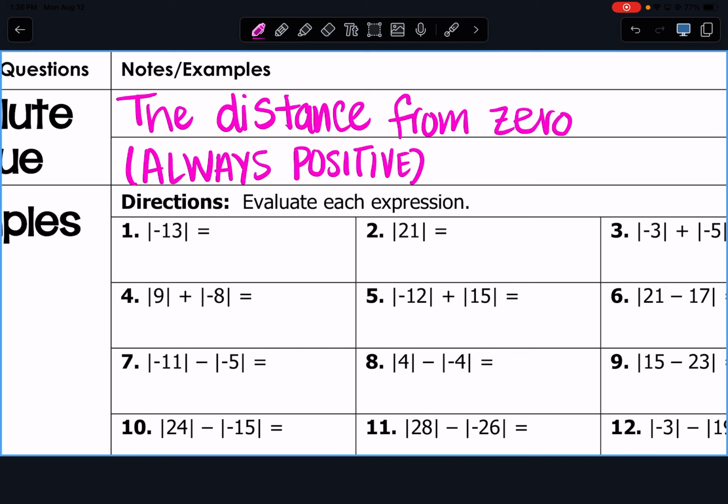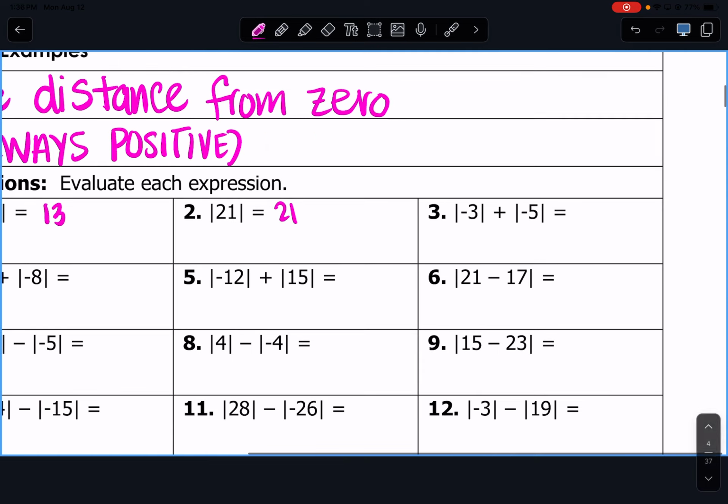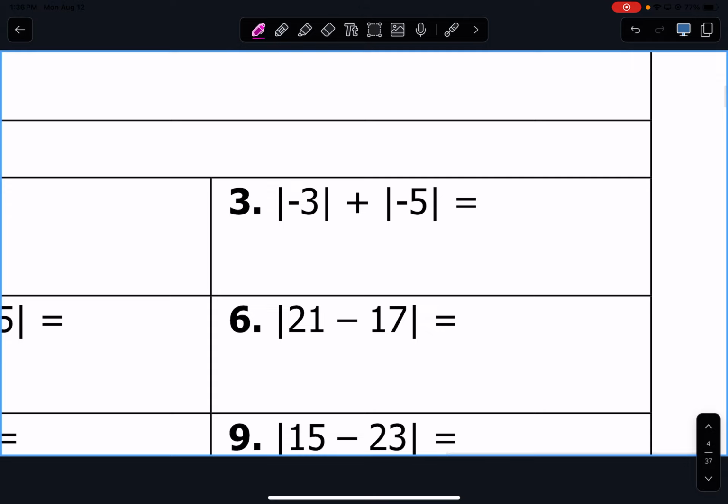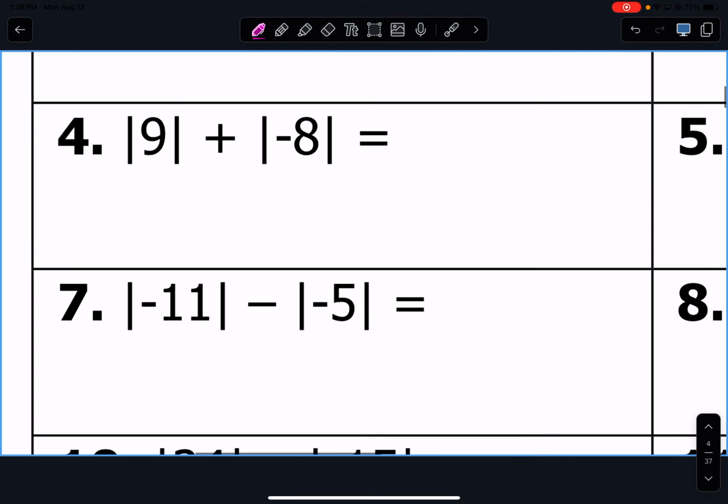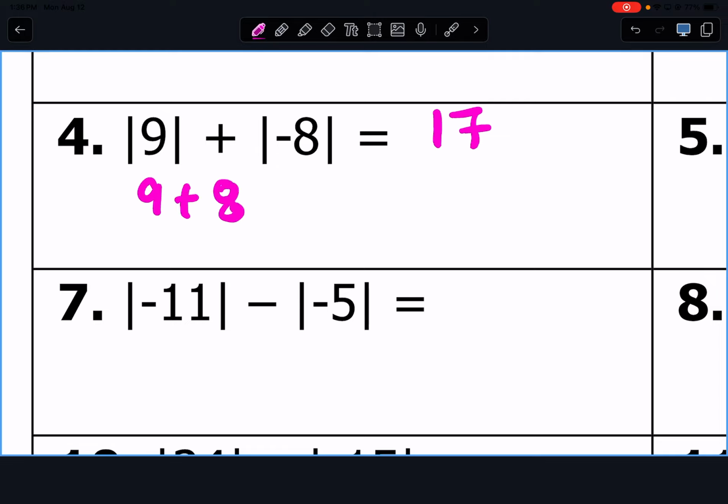What do I need to do for 3? It'll be 3 plus 5, because the absolute value of -3 is 3, plus the absolute value of -5 is 5. So what is that? B. And we're gonna look at 4. 17. And the reason for that is because we have 9 plus 8.